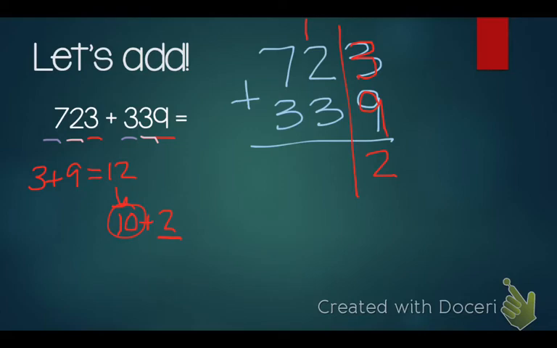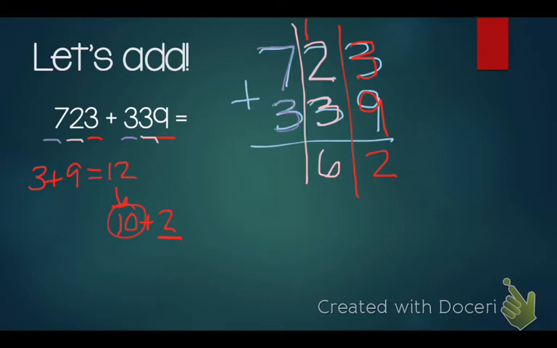And now we're going to add the numbers that are in the tens place. So we're going to add the 1 that we carried, plus 2, plus the 3, which gives us 6. And we don't have to worry about carrying any number in that column because 6 is a single digit number. Finally, we're going to add the numbers that are in the hundreds place. 7 plus 3.